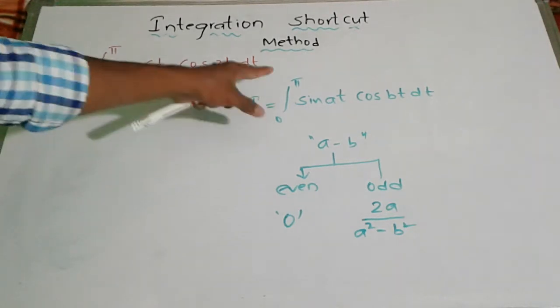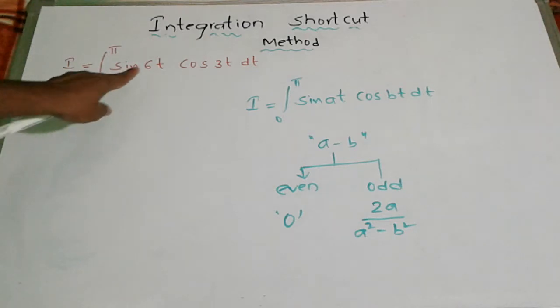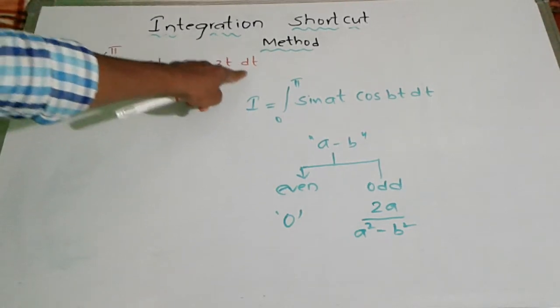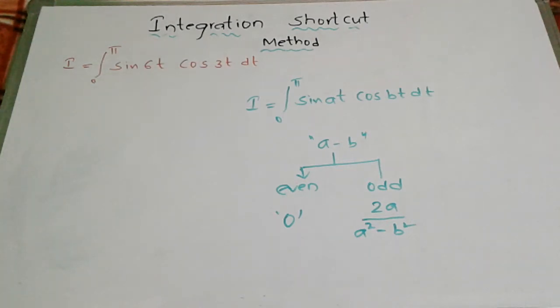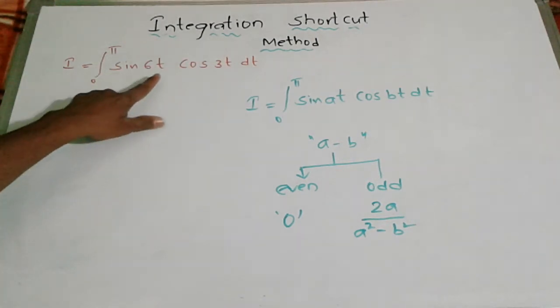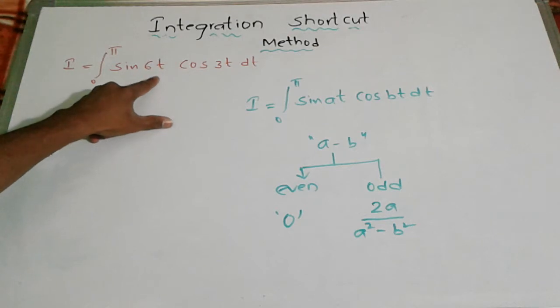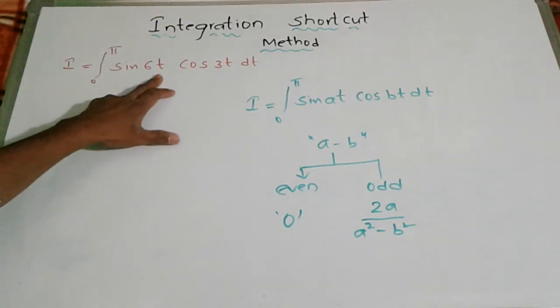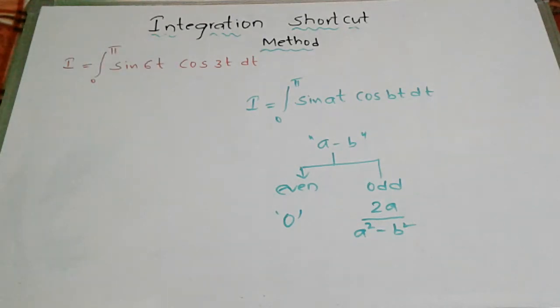Yes, it is in the general format, sin at cos bt dt. I have taken t as the variable here. In exams you may get y, x, etc., right?